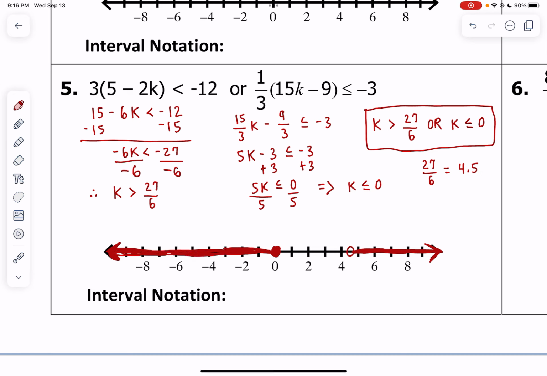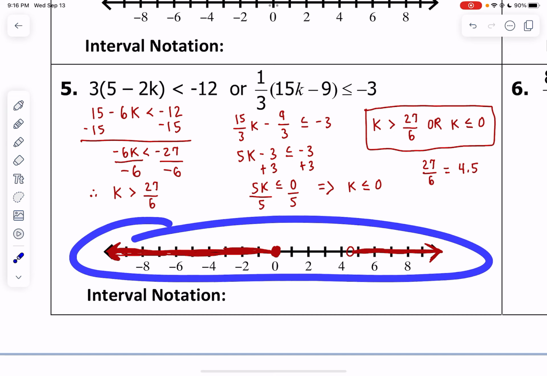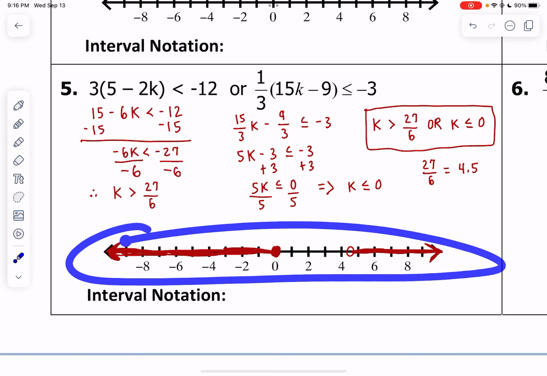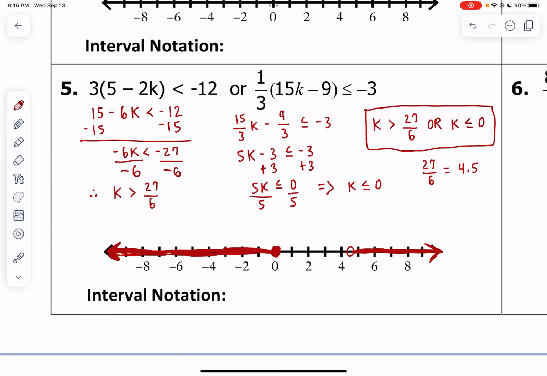All right, so now that we have constructed our number line, we can go ahead and construct the interval notation. So we can use this number line to help us create this. So based on the number line, we will be coming from negative infinity, reading it from left to right.